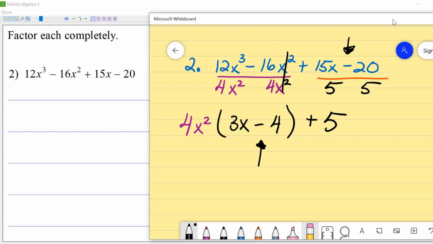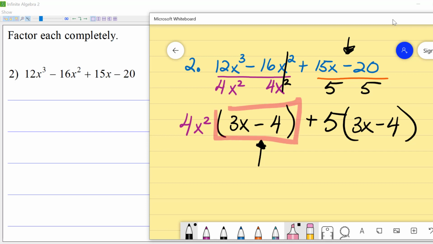So this is 5. And then I'm just going to simplify. And there's the minus sign right here. And so you can see now these two parentheses do in fact match again, because that's what our goal is in order to break this down by division. That's what factoring is. Remember, it's taking things apart.